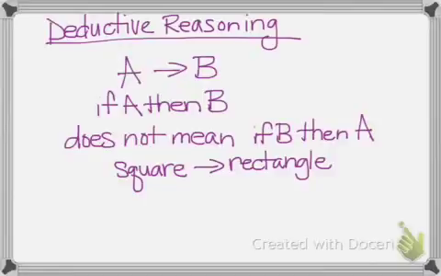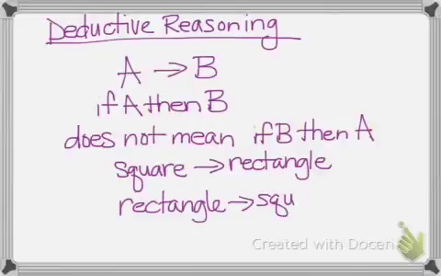The same is true for a rectangle, but a square has the special qualification that all the sides are equal as well, which a rectangle does not have. If it's a square, it is a rectangle. But going the other way, we cannot say that if something is a rectangle, then it is a square, because that would be false.